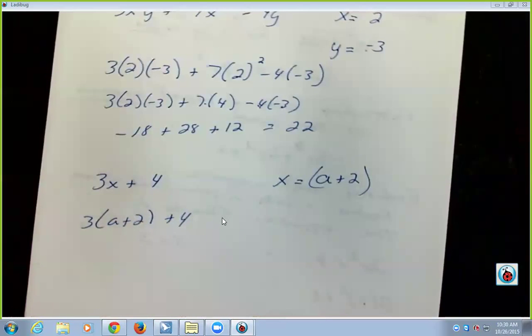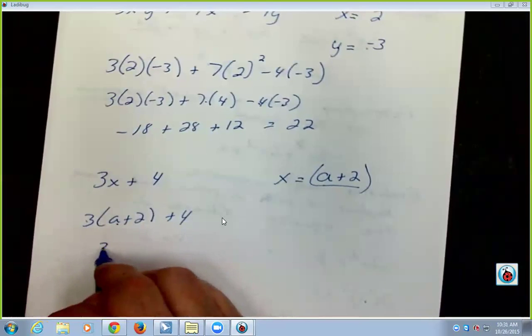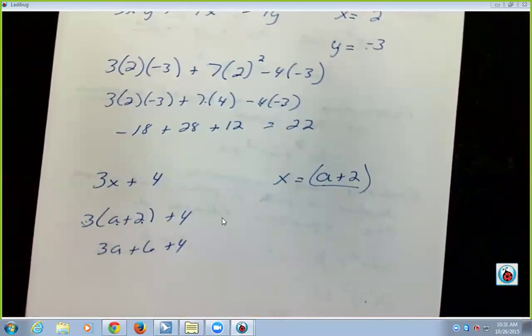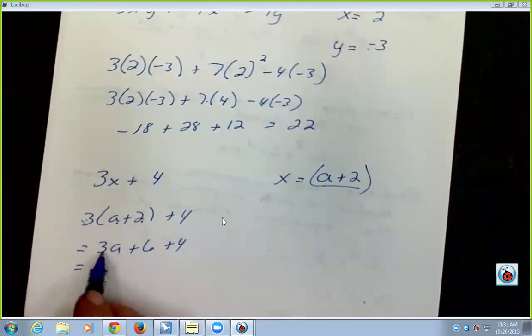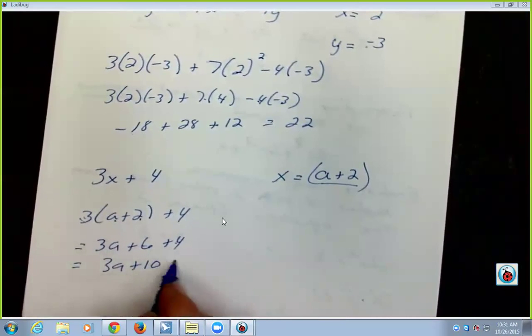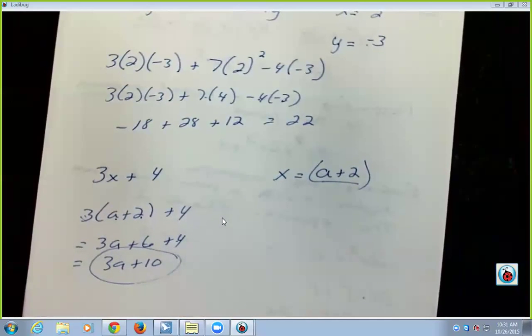So we're pulling out a piece, we're replacing it not with a number, but with a binomial, and then I just need to distribute like I did back in chapter 2. So 3 times a is 3a, 3 times 2 is 6, plus 4. So 3a stays, 6 plus 4 becomes 10. So this would be the answer I would enter, right? So you're pulling out what you got in there and replacing it with a letter piece, okay?